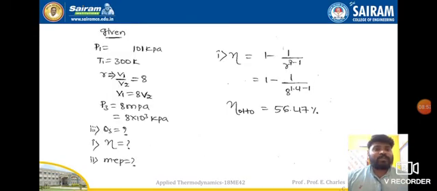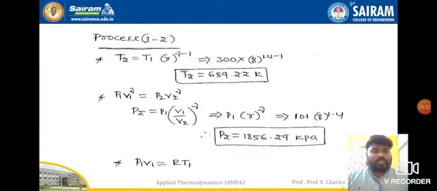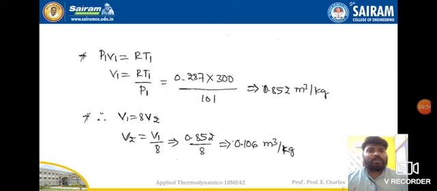So these are the things we have found out. Very simple one. First we found out the efficiency of the Otto cycle. Then we have taken the process 1 to 2, and you should know what kind of process it is and what formulae we have to use. If you know these two things, it is very easy to understand. So T2 is equal to T1 into r to the power of gamma minus 1, or P1 V1 whole to the power of gamma is equal to P2 V2 whole to the power of gamma.